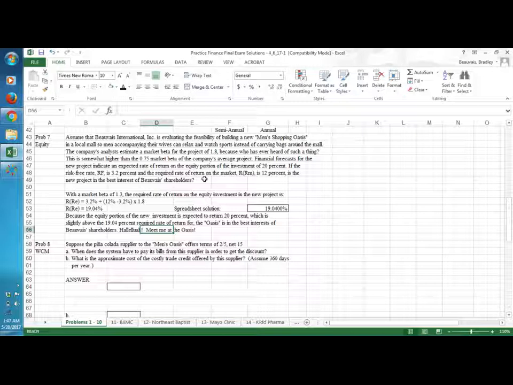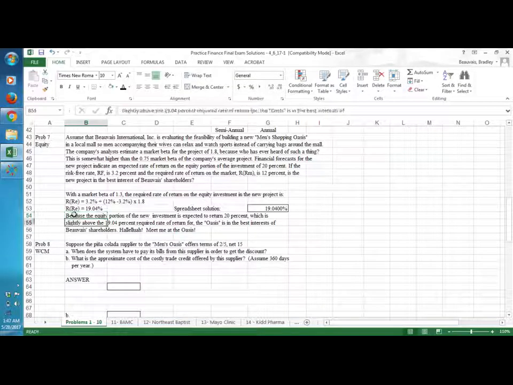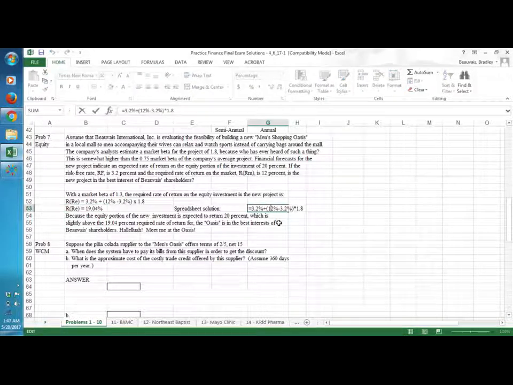To restate what we're talking about, I need to see if we are actually going to do better, basically comparing my expected rate of return of 20% versus my required rate of return. So in this case, I'm using my CAPM model to come up with my required rate of return on equity.